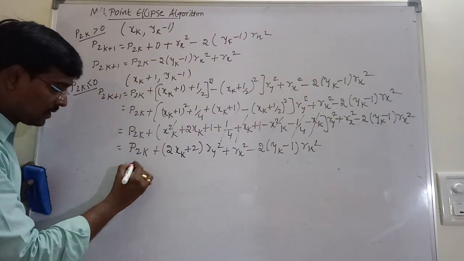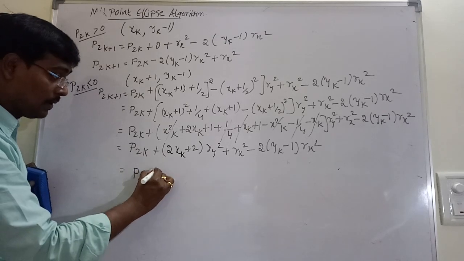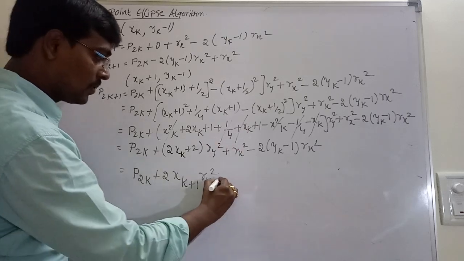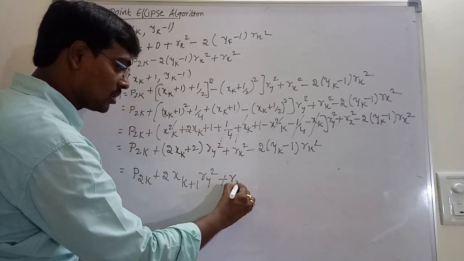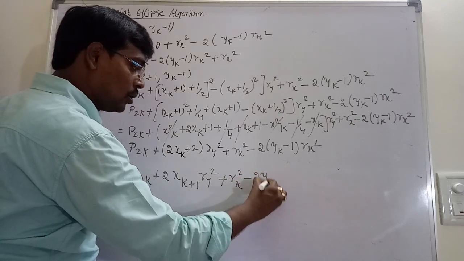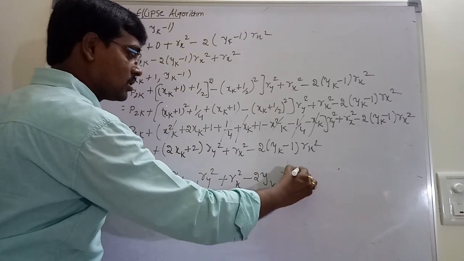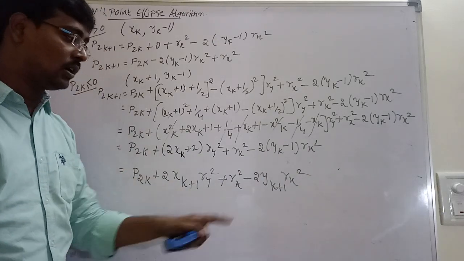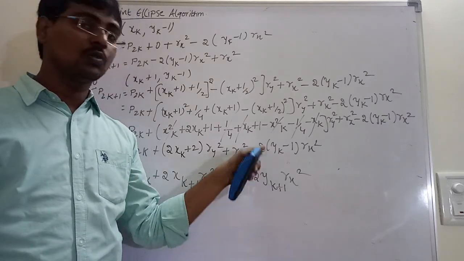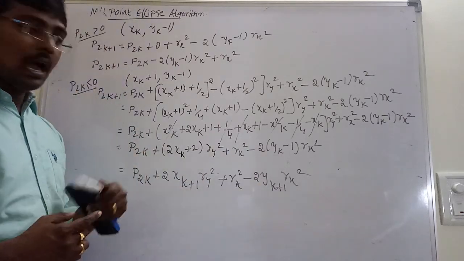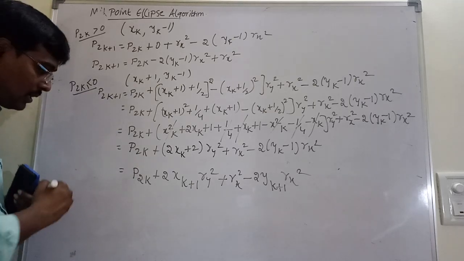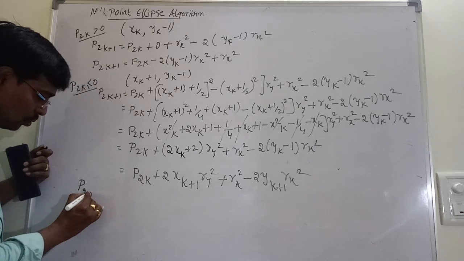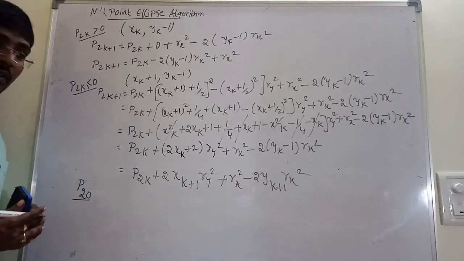Suppose if you want to simplify the equation, P2k plus 2 xk plus 1 ry square plus rx square minus 2 yk plus 1 rx square, where xk plus 1 value is xk plus 1, yk plus 1 value is yk minus 1. After calculating these decision parameters, calculate the initial decision parameter for region 2.